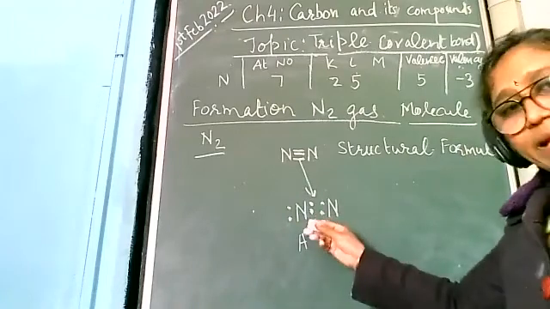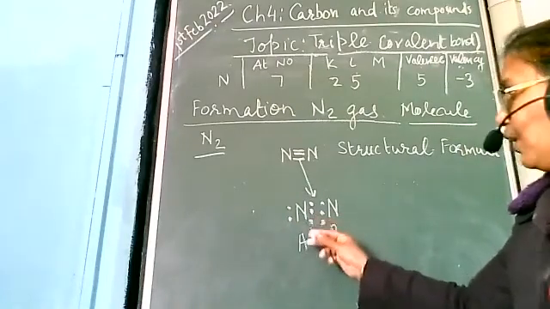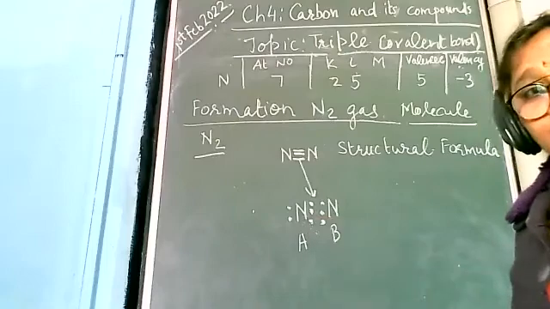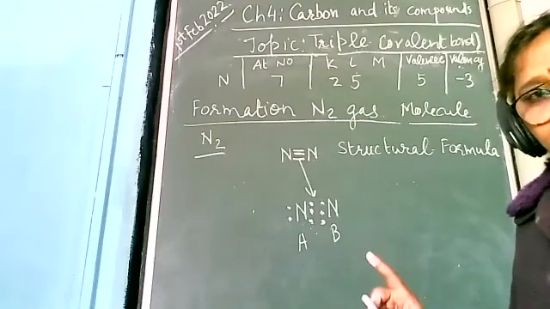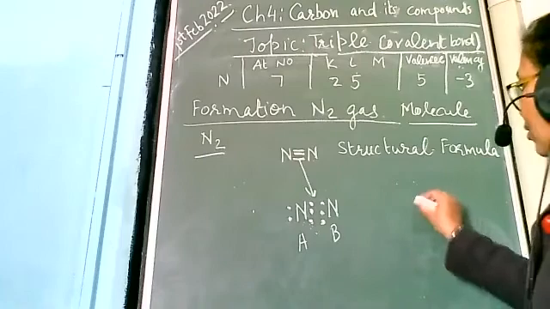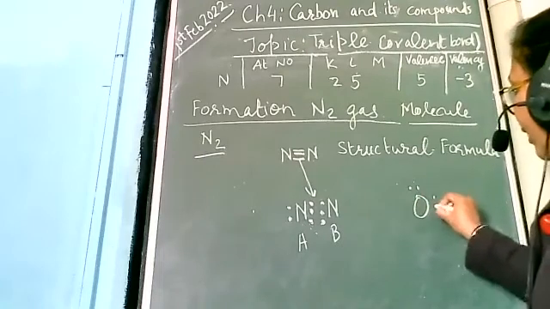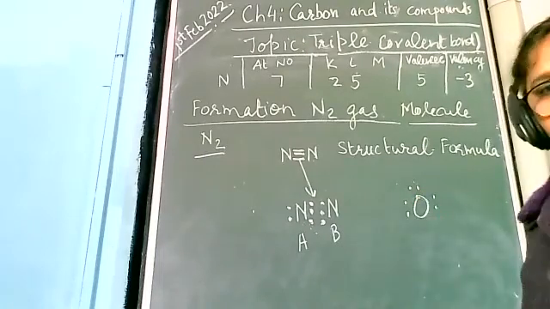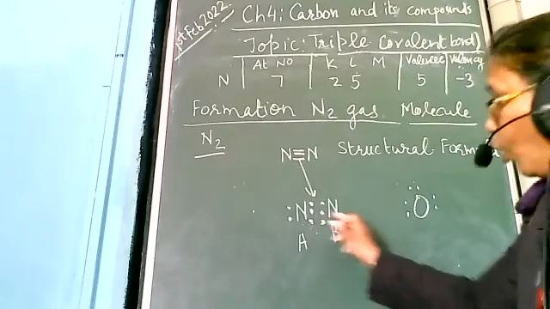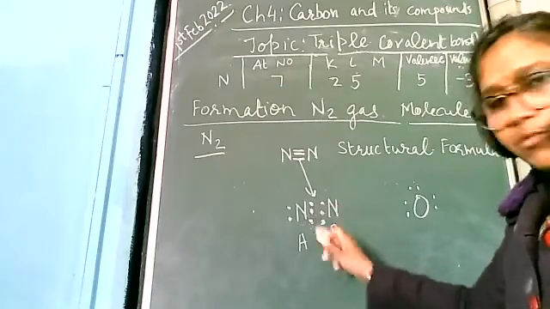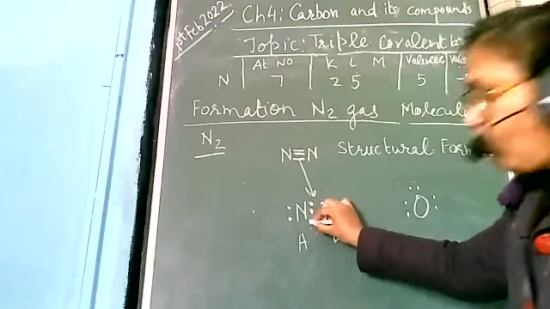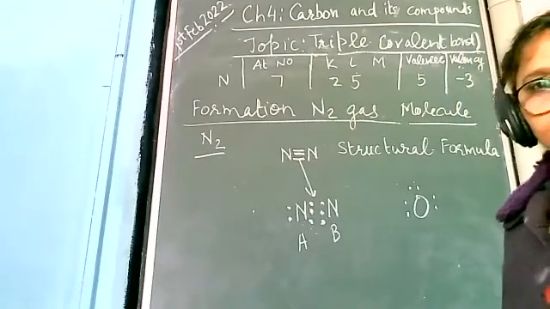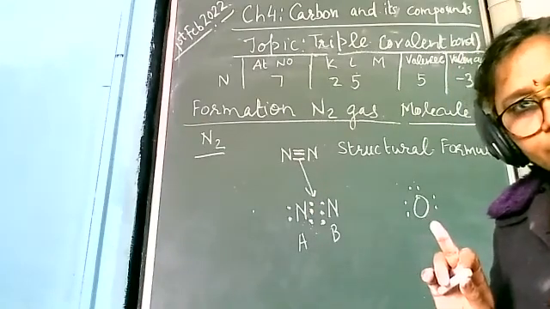Because the bonding was of 3 pairs, that's why I need to write 3 electrons. Otherwise, we never write like this. I told you in the previous example, oxygen has 6, and we write in pair form. But here, because bonding is of 3 pairs, I have written 3 electrons on the one side only. Is it clear?